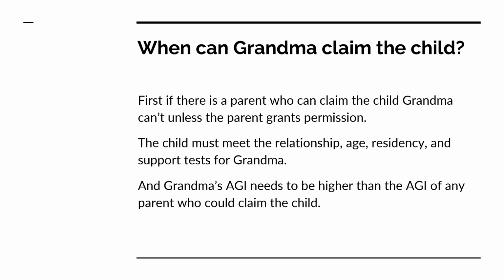And grandma's AGI needs to be higher than the AGI of any parent who might be able to claim the child. So, for example, if you have a woman who's not married with a child living with her mother, if the woman has a higher income than her mother, then the mother cannot claim the child even if she gives permission.